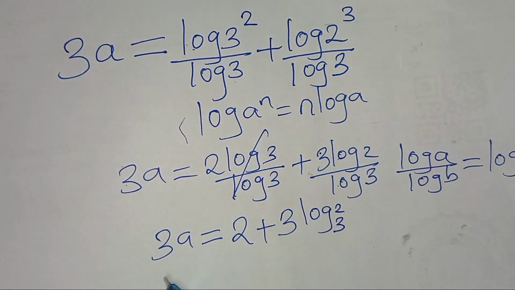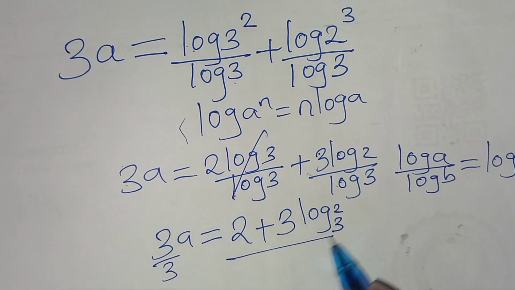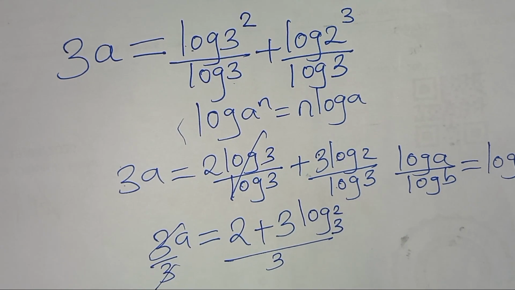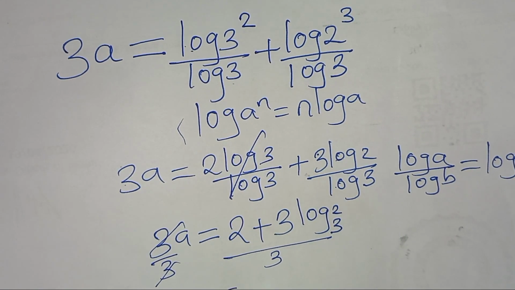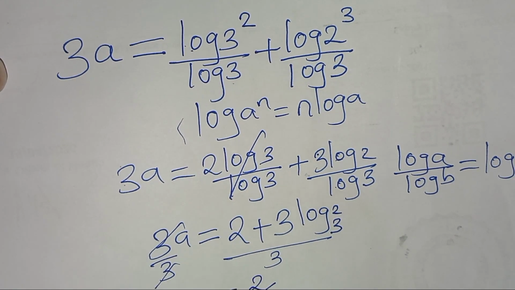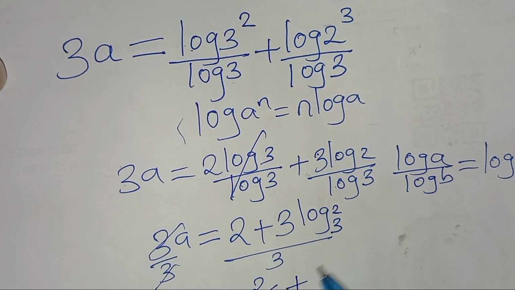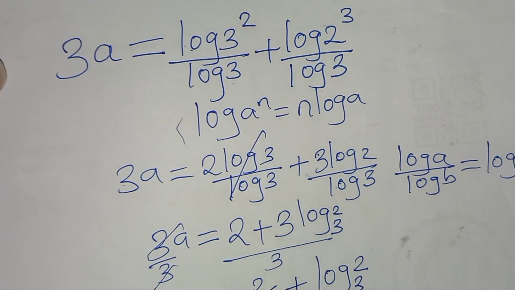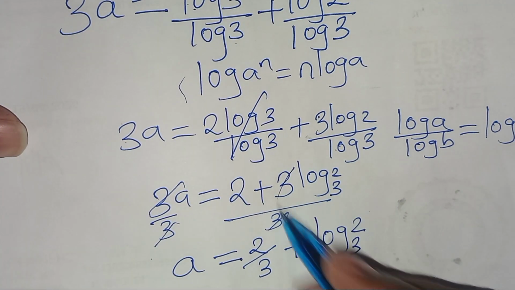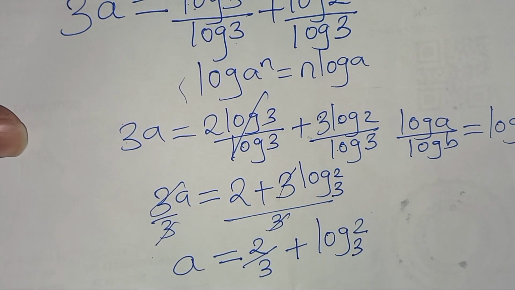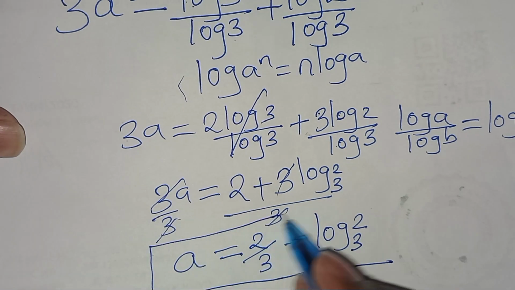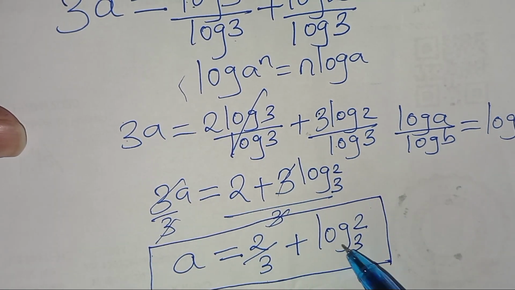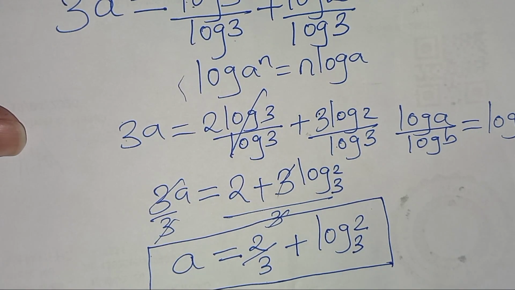Let's divide both sides by 3, so that a is equal to 2 over 3 plus log 2 to base 3. The 3 and 3 simplify, so that's why we have a as 2 over 3 plus log 2 to base 3. This is the value of a.